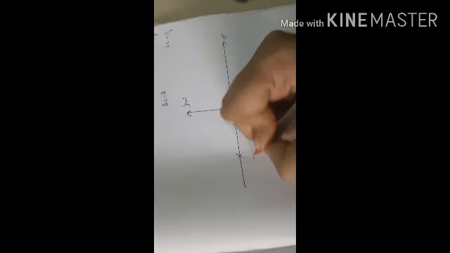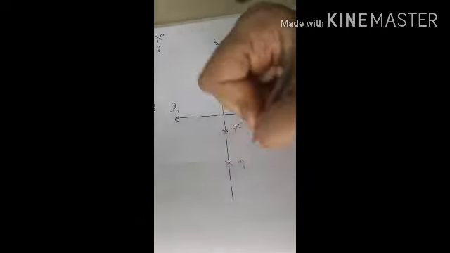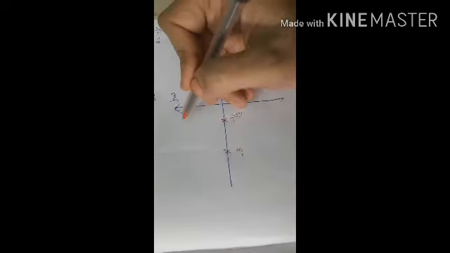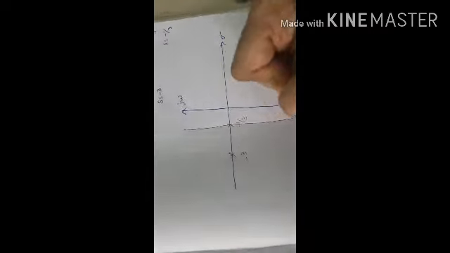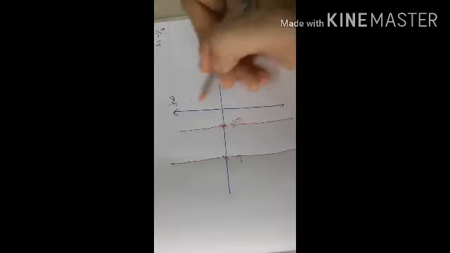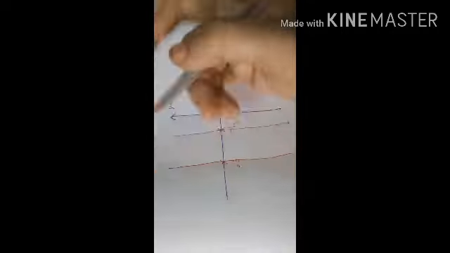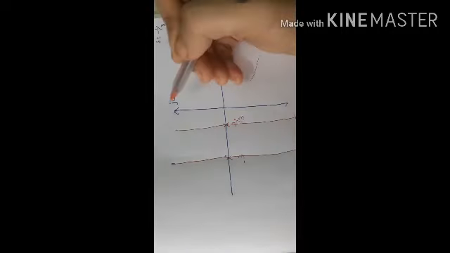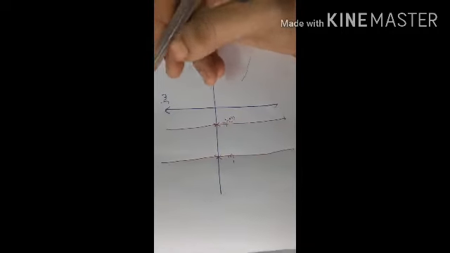This pole is minus 3. I have plotted the two poles and I am going to draw the two lines which are parallel to the imaginary axis.